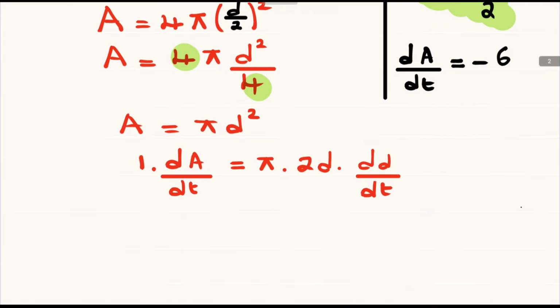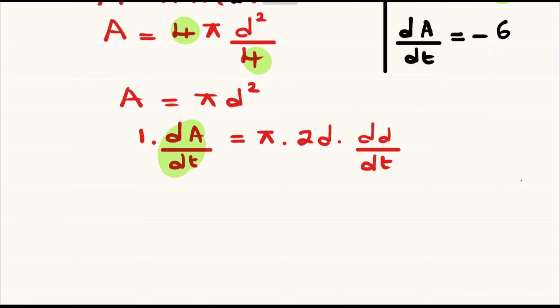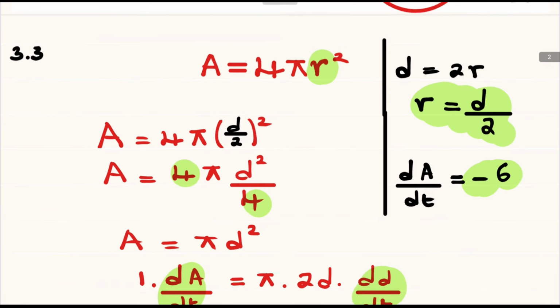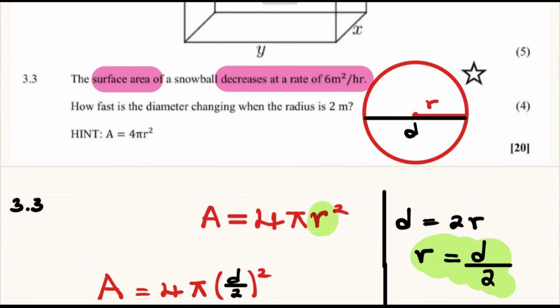We have that negative 6 is our dA over dt. So we substitute the negative 6 here. This will be equal to pi multiplied by 2 multiplied by the diameter. Remember that at the end we have to make the derivative of the diameter with respect to time the subject of the formula. So how do we determine that individual d?